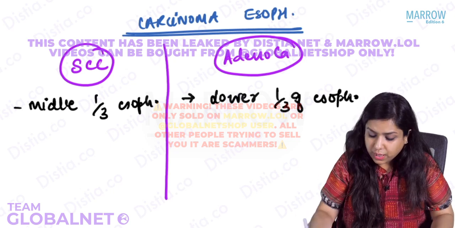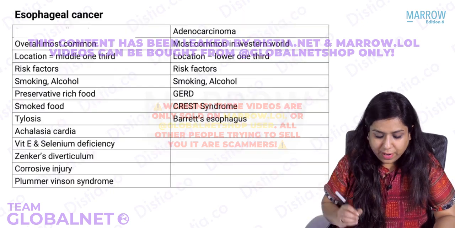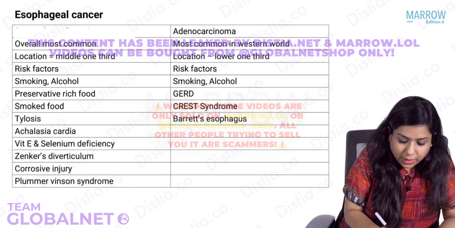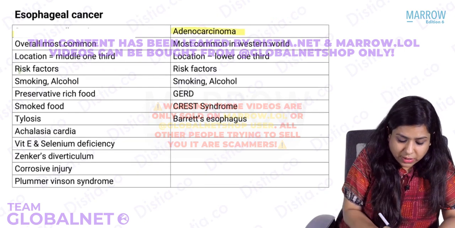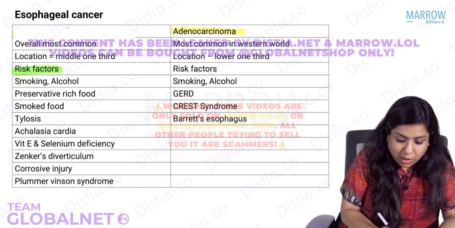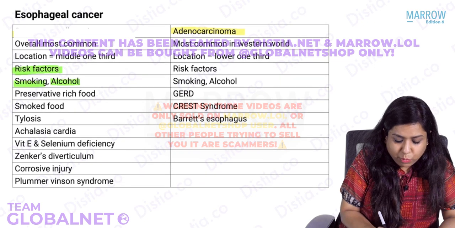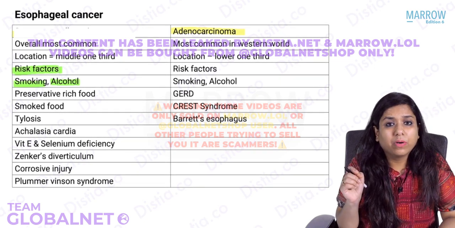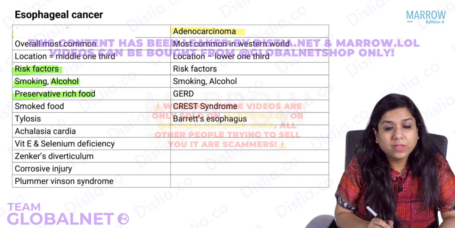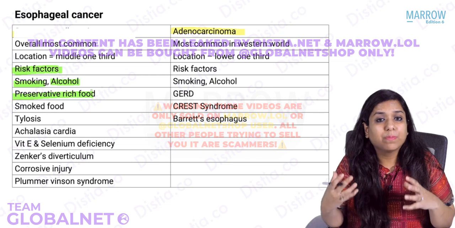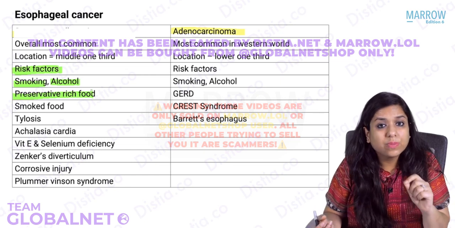Simple story, students. Let us now study the risk factors for both of them, right? This is squamous cell carcinoma, adenocarcinoma. What are the risk factors? Very important, students. For SCC, smoking and alcohol are two very important risk factors. Foods rich in preservatives. These days we are consuming a lot of packaged foods rich in preservatives.